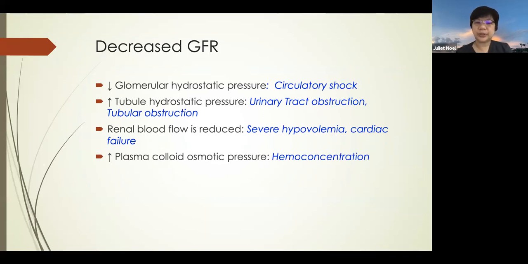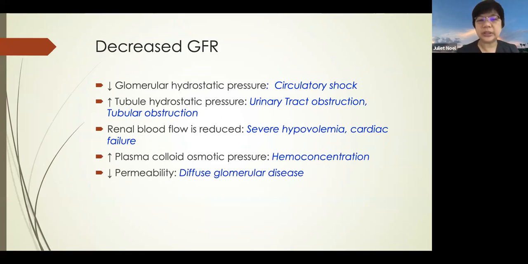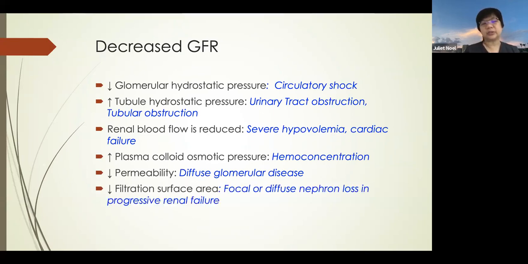Increased plasma colloid pressure, like in hemoconcentration, as I mentioned a while ago, would decrease GFR. Decreased permeability, like in diffuse glomerular disease: if the glomerulus is already sclerotic, you will have decreased permeability. Same thing in chronic kidney disease because of sclerosis and fibrosis. There will be nephron loss, so your filtration surface area will also be decreased.